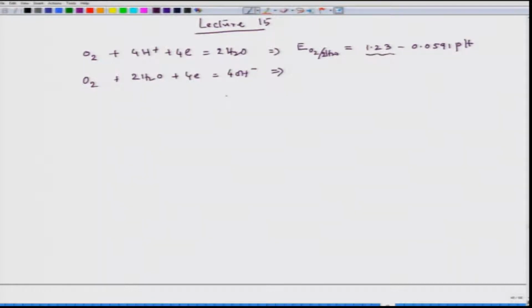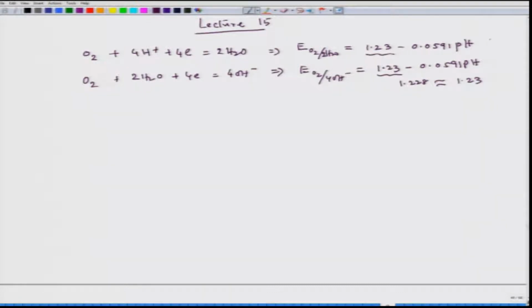Similarly, the Nernst equation for this one also boils down to 1.23 minus 0.0591 pH. I am writing 1.23 because the value we obtained was 1.228, so I can write 1.23.